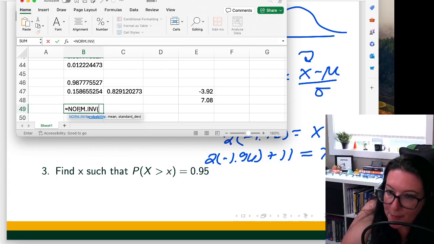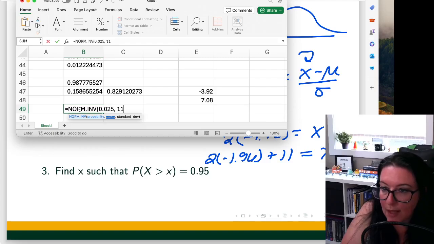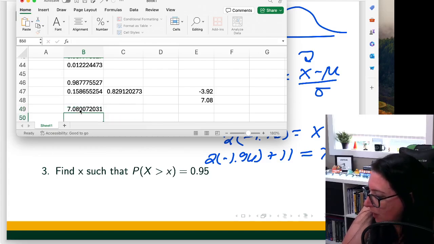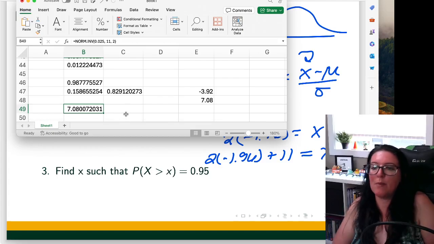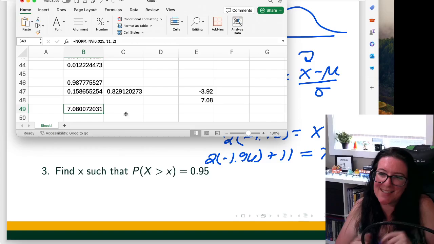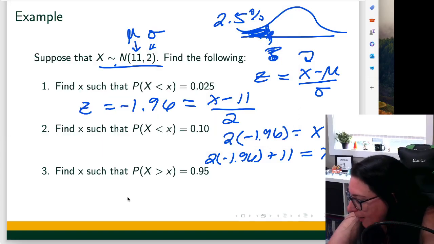Here, we want the probability, so 0.025, and then you need to give it the mean, which was 11, and we need to give it the standard deviation, which is 2, okay? And you can see it has solved the problem for us at 7.08. Way easier than having to look things up on a table and having to do the calculation by hand.